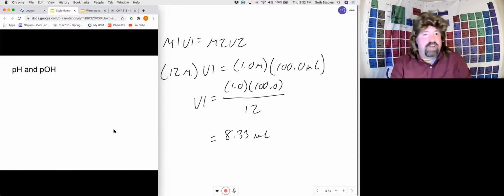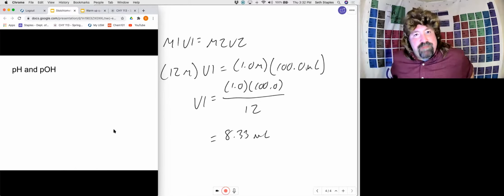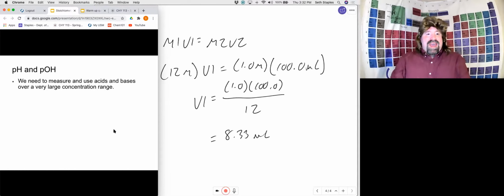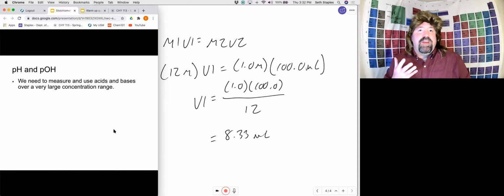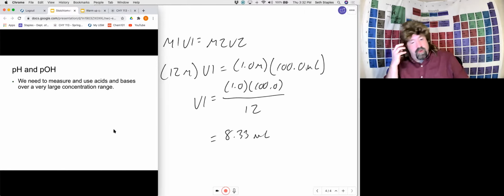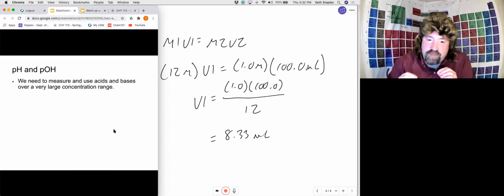Let's switch gears a little bit and talk about pH and pOH. Now, acids and bases are typically over a very, very wide concentration range. As we mentioned with acids and bases before, we'll focus on acids, and that H plus is really the component that makes something an acid.